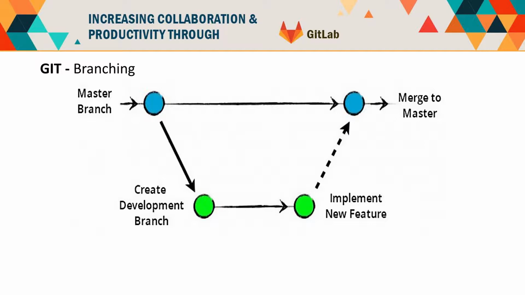Now suppose that we have Ben in a team and he has to implement a new feature. Now that feature might take, let's say, 3 months to implement. So if Ben works on the master branch, he might have destructive changes, and while he's working on the master branch, a customer can come in and say, hey guys, I have a bug, could you help me fix that?